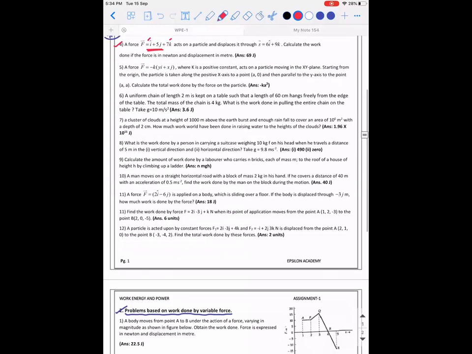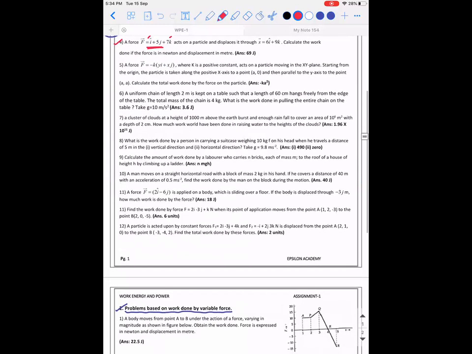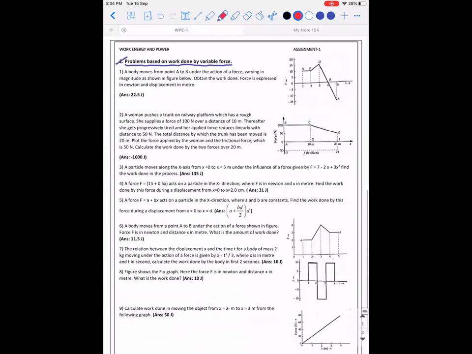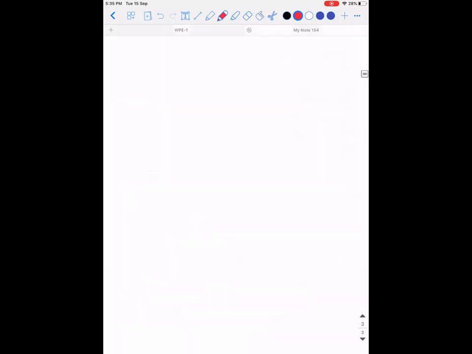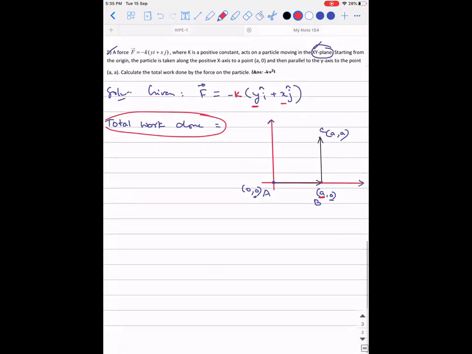So this is all about constant force. Now let's solve some problems which are based on variable force.